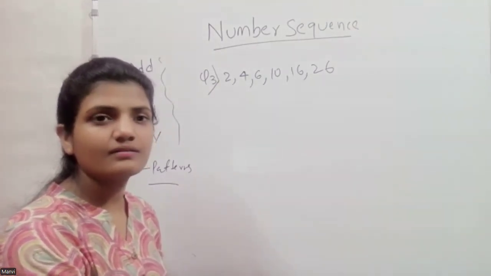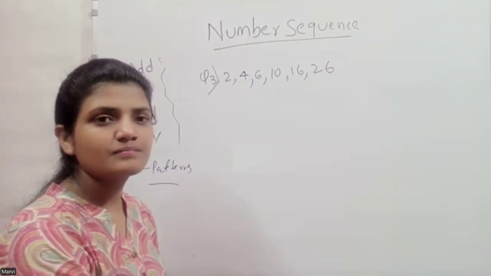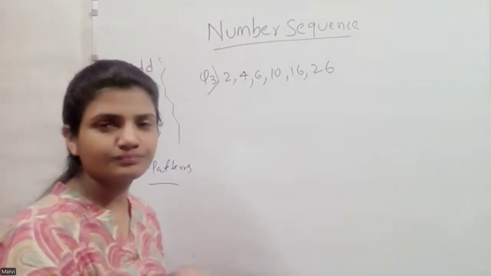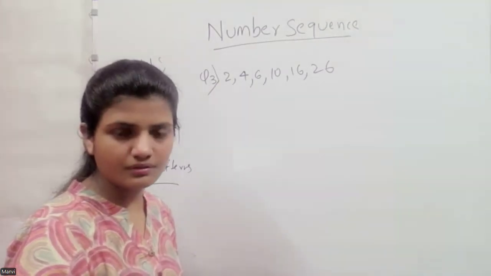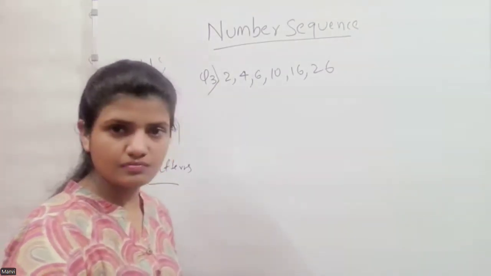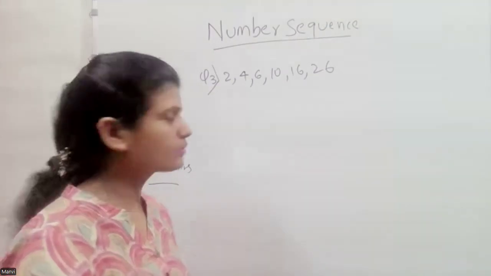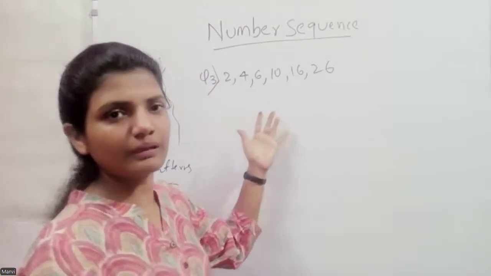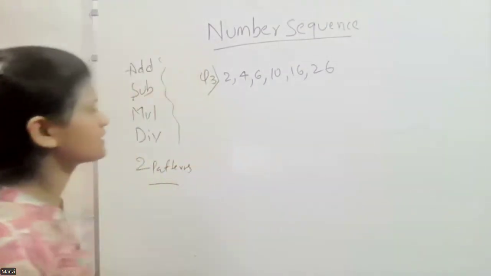Yes, there are two twos and then 4, 6, 10. Unfortunately, you are wrong. This is not a very easy question, maybe that's why you both got stuck.